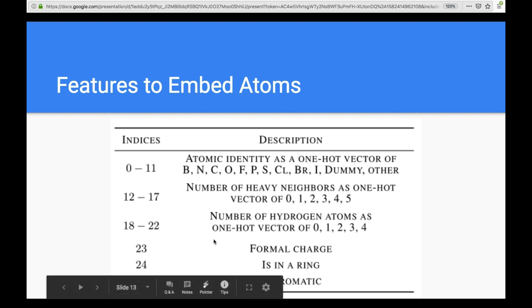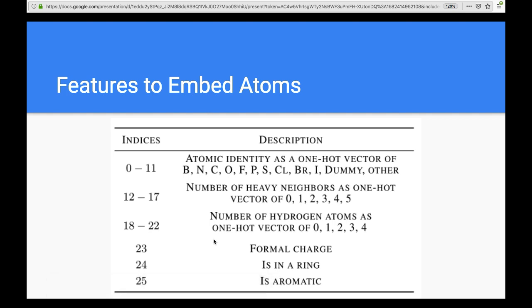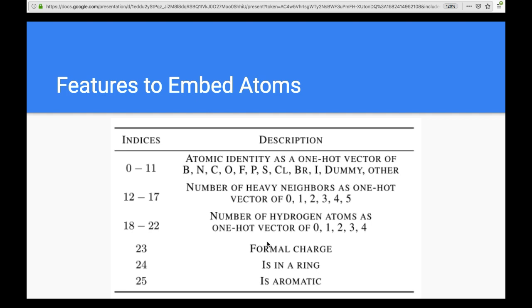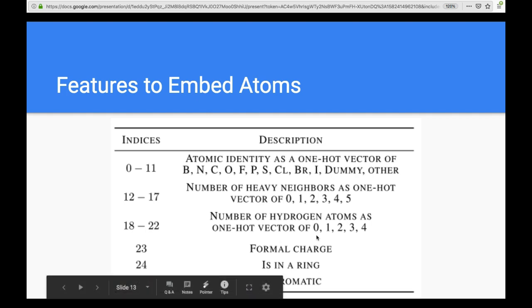And the number of hydrogen atoms is also important. And I think they definitely encoded these features by their domain knowledge. So we need to believe them, because I'm not a chemistry person. I'm a physics person. So I don't understand the reason behind this that much, but according to my high school chemistry, it makes sense.